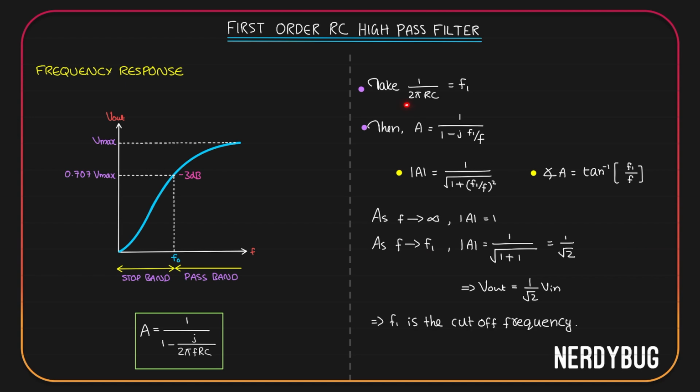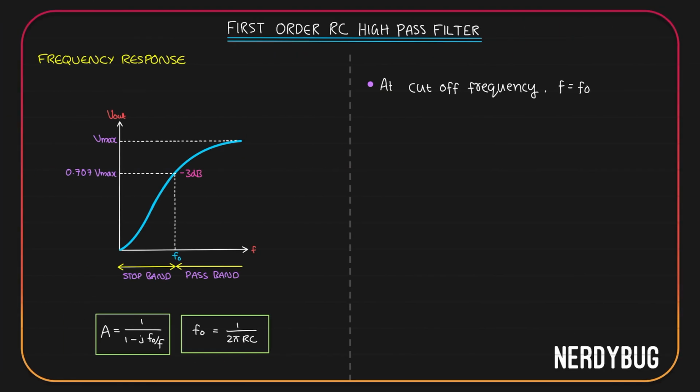But F1 is 1 by 2 pi RC. So I can write the cutoff frequency F0 is nothing but 1 by 2 pi RC. Again, at cutoff frequency, the frequency of the input signal F is equal to F0. Or we can write F is equal to 1 by 2 pi RC.